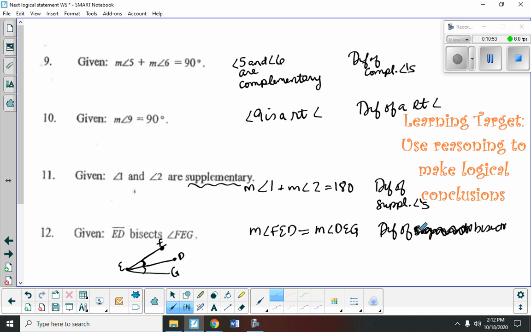We're not talking about segments, we're talking about angles. So the definition of an angle bisector. And technically it says that it divides them into congruent angles. So I'm actually going to switch this and write that angle FED is congruent to angle DEG. That is what the definition of an angle bisector says. After that, I could make a statement that if they are congruent, then the measures are equal, based on the definition of congruent angles.